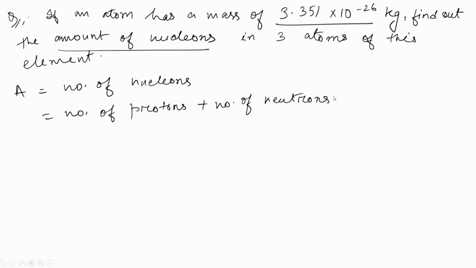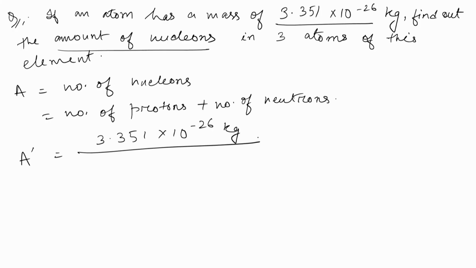We need to find out the atomic mass on the AMU scale. So, A in AMU is equal to the actual mass, 3.351 into 10 to the power minus 26 kg, divided by 1 AMU, which is 1.66056 into 10 to the power minus 27 kg.